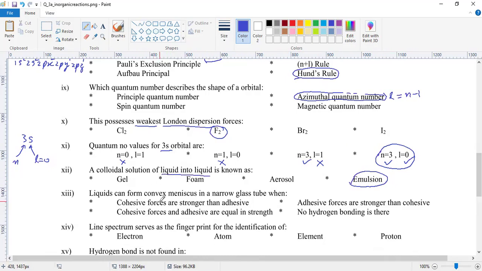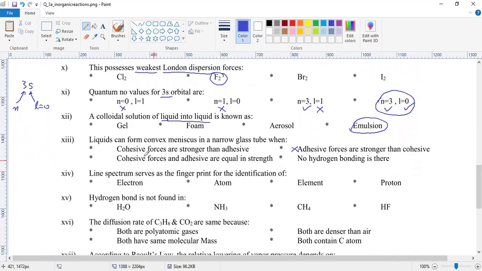Liquid can form a convex meniscus in a narrow glass tube when the cohesive forces are stronger than adhesive forces. Yes, it could be correct. Adhesive forces are stronger than cohesive forces: no, it cannot be correct because if adhesive forces are stronger, there would be a concave curve.